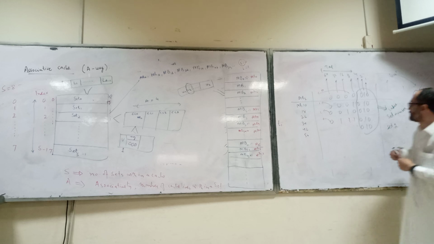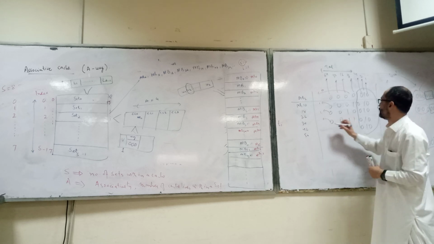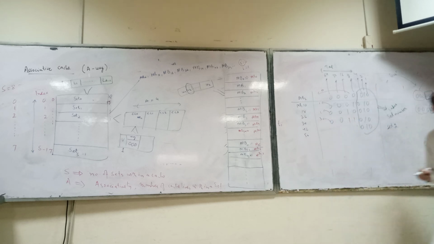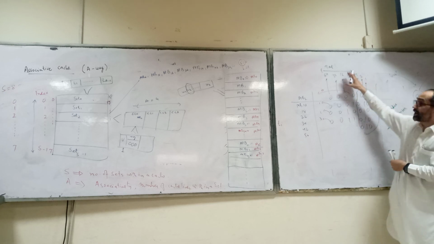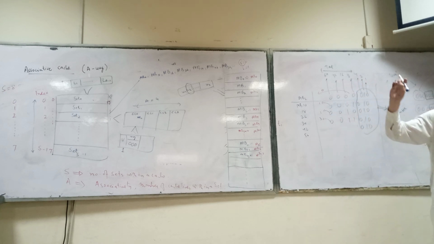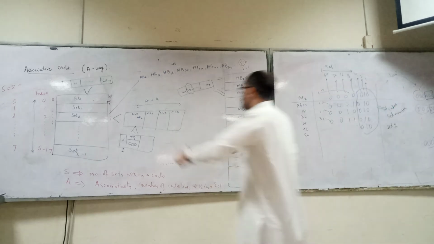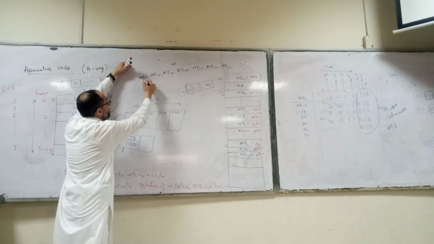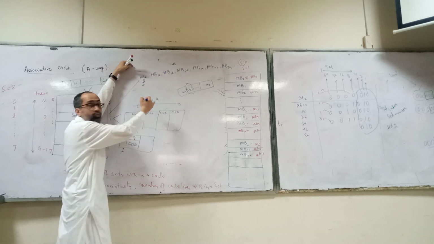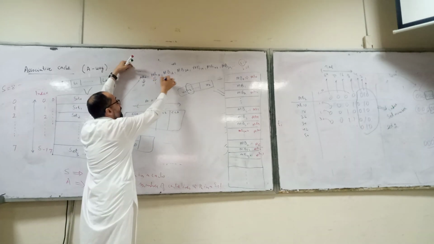So if you look at this, and 0 is here, the tag field is 3. The tag field identifies which particular block is in the cache. So what will be the tag field for my block 0? 0. What will be the tag field? 1.